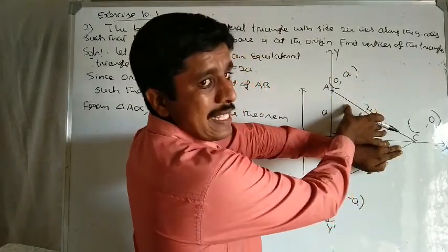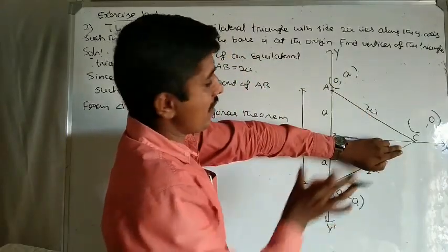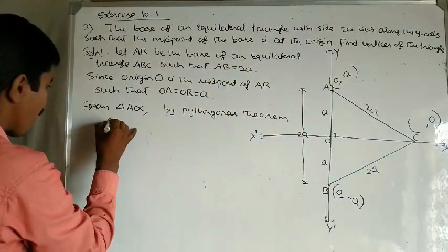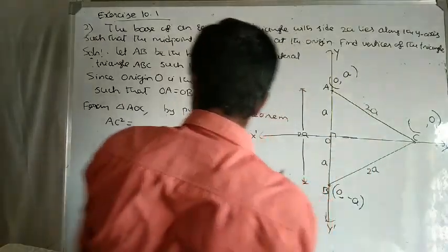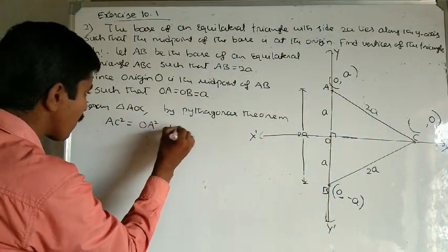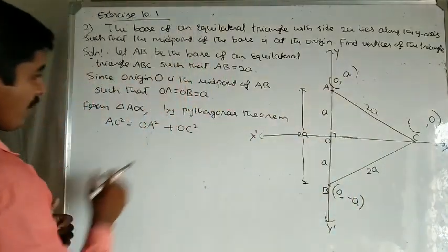The square on the hypotenuse is equal to the sum of the squares on the other two sides, correct? Here AC square is equal to OA square plus OC square.